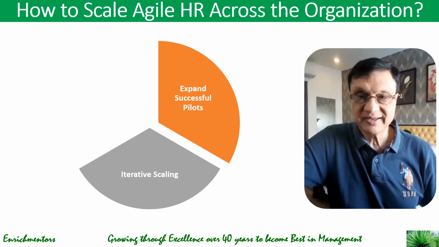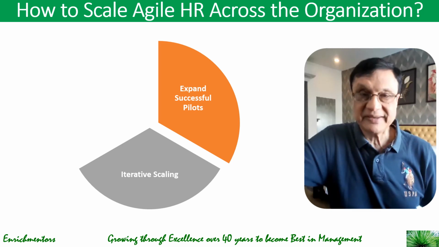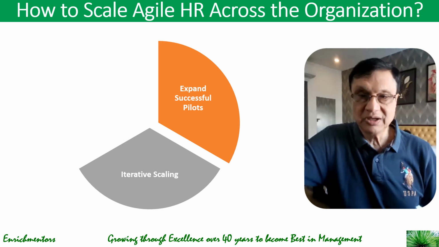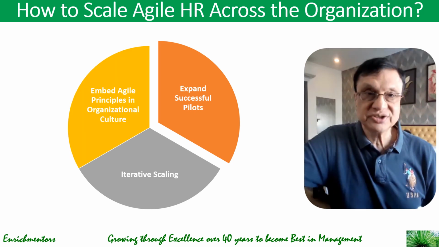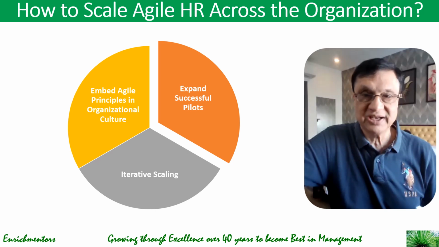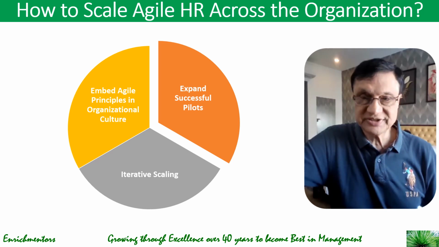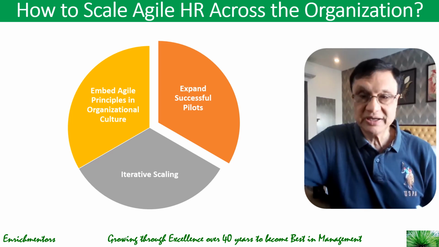Scale gradually, adjusting and iterating on processes based on feedback and lessons learned from early implementations. Embed agile principles in organization culture as the last step of scaling. Work towards embedding agile values and principles into the company's culture.